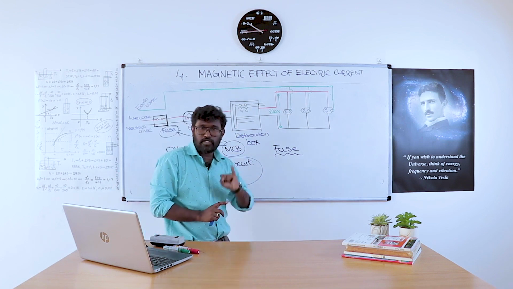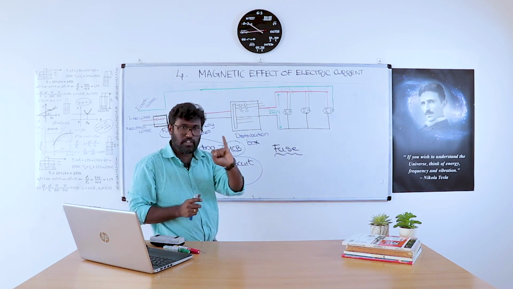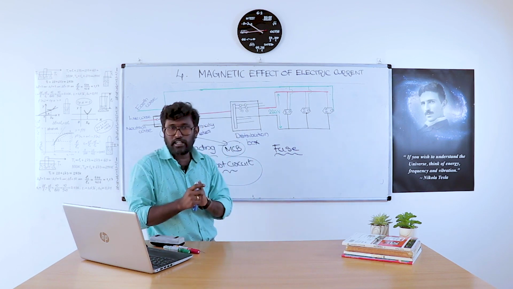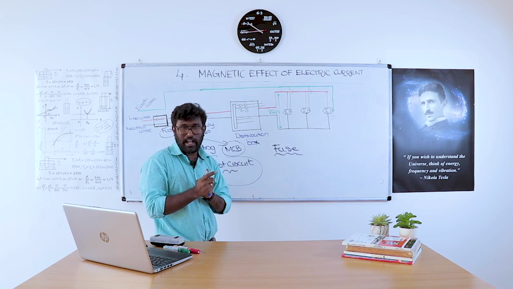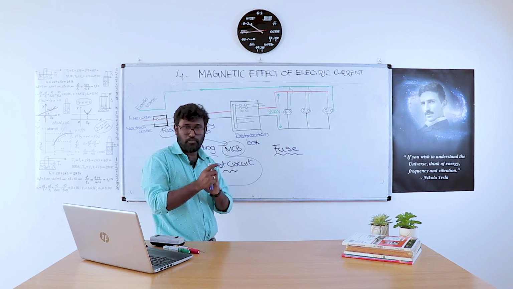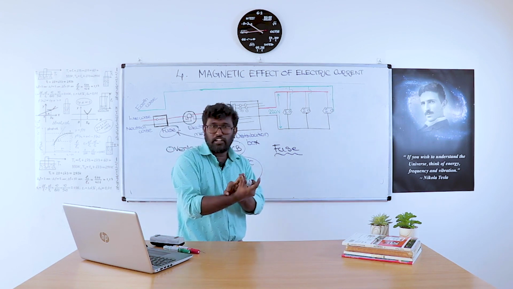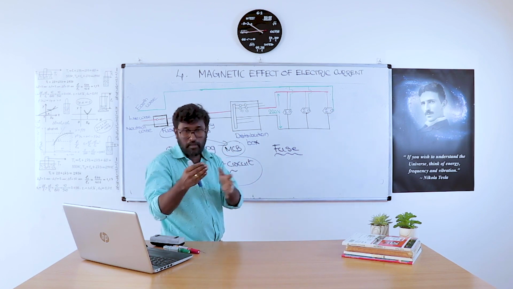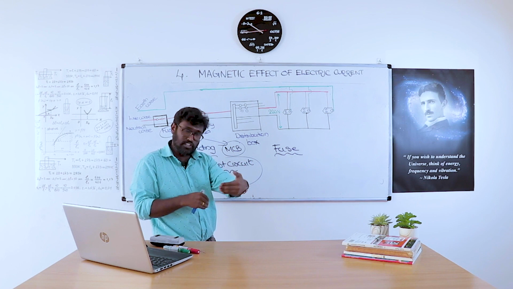So the main topics included in the chapter are, first, the experiment conducted by Hans Christian Ørsted. From that experiment, we concluded what is meant by magnetic effect of electric current. Then the magnetic field, then magnetic field lines, and why magnetic field lines never intersect each other.